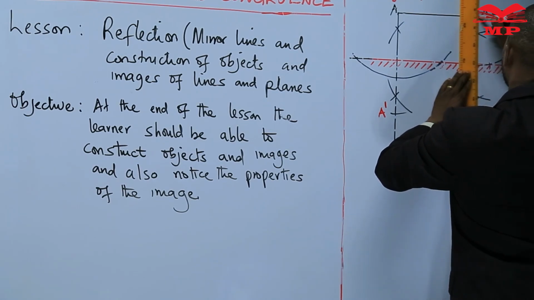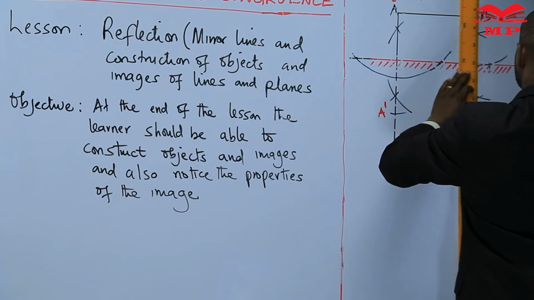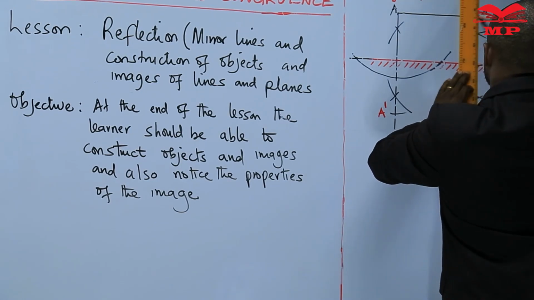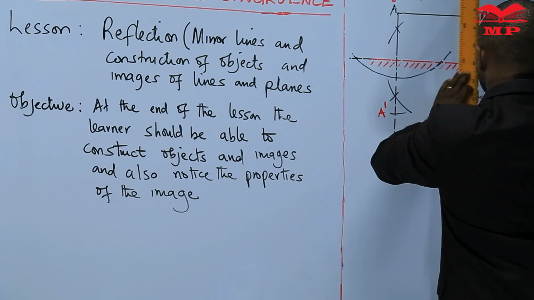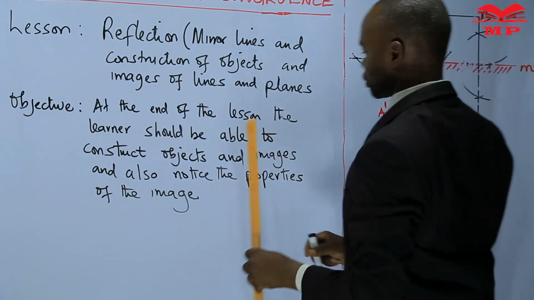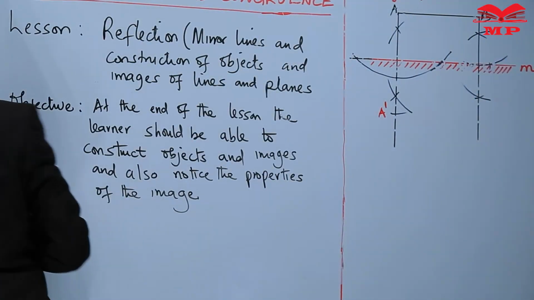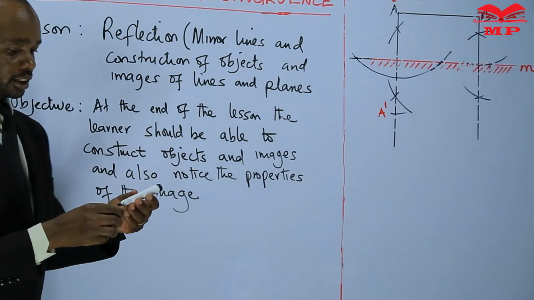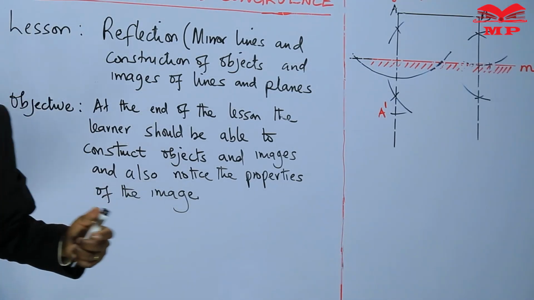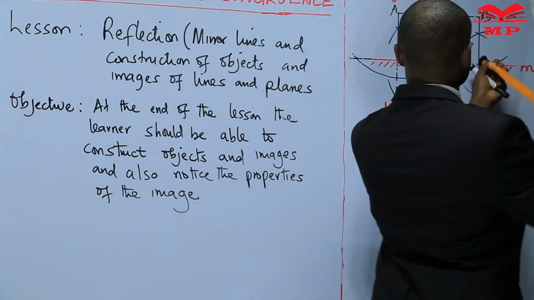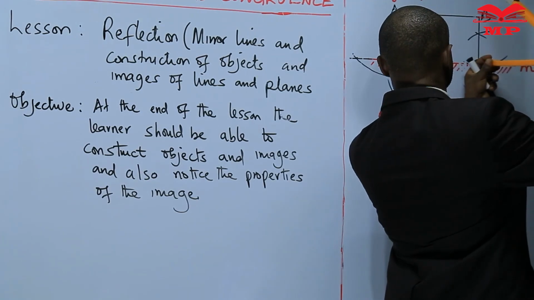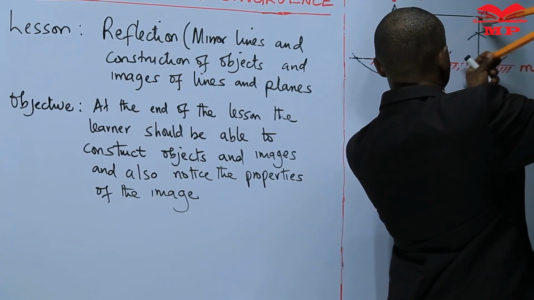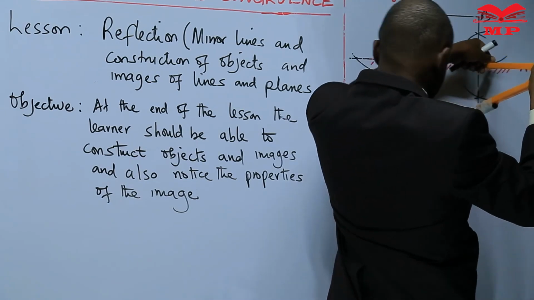So in front of the mirror, let it be continuous. Behind the mirror, let it be dotted. The distance of the image and the distance of the object are the same. So that's why you'll use the same distance, above, below.